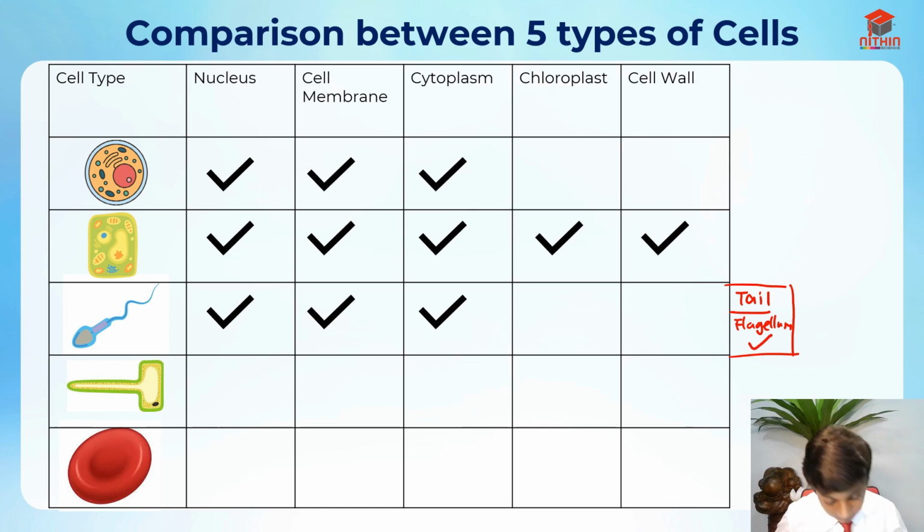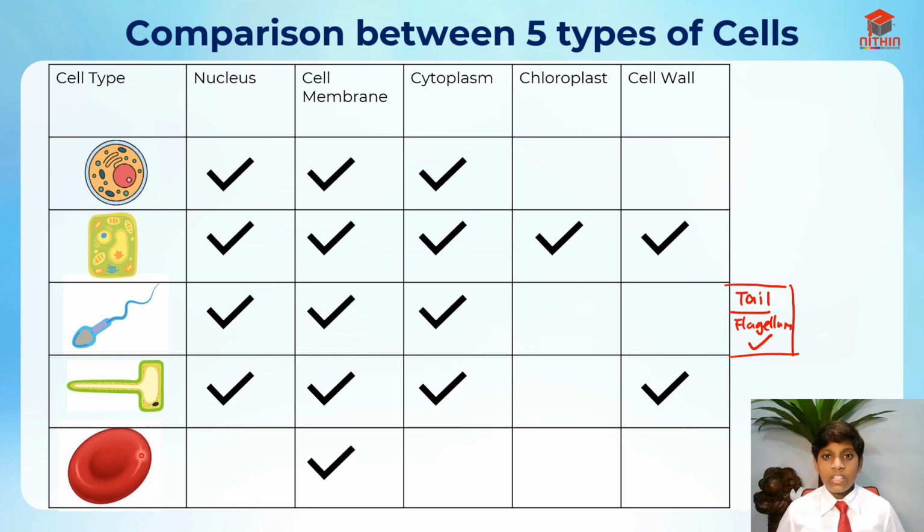Next, the root hair cell has the nucleus, cell membrane, and cytoplasm, and it does not have chloroplast because it is found underground, and it has a cell wall. That is why it's still a plant cell.